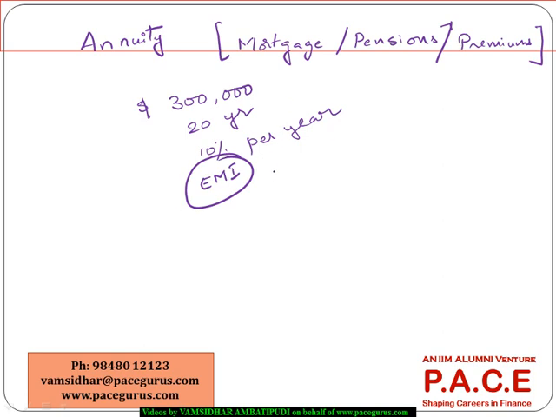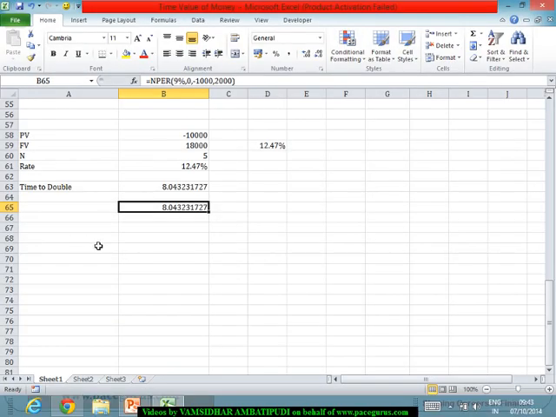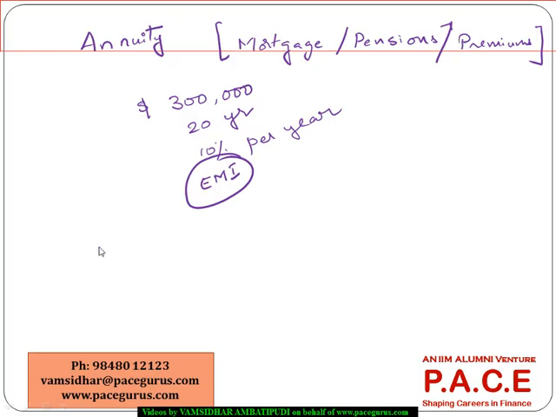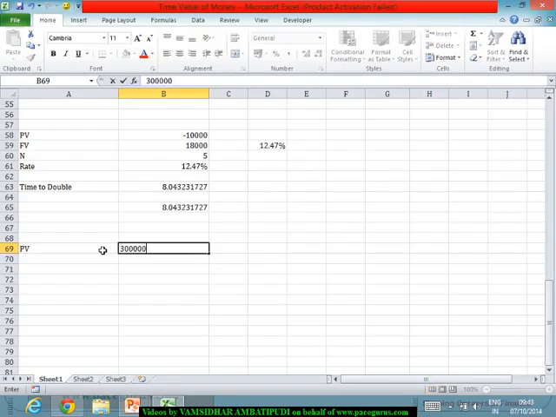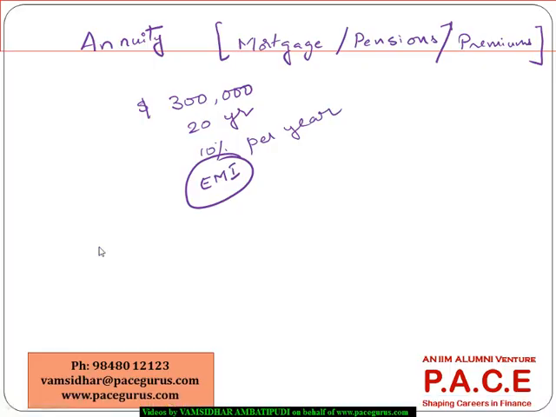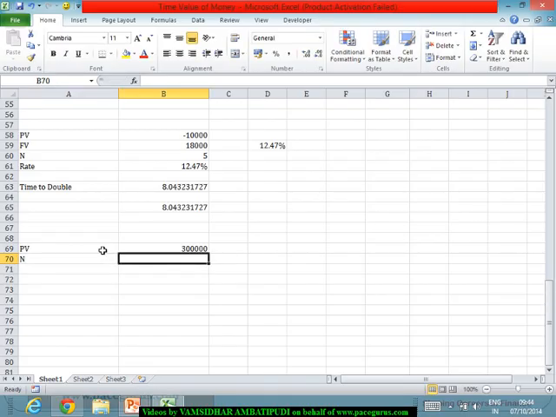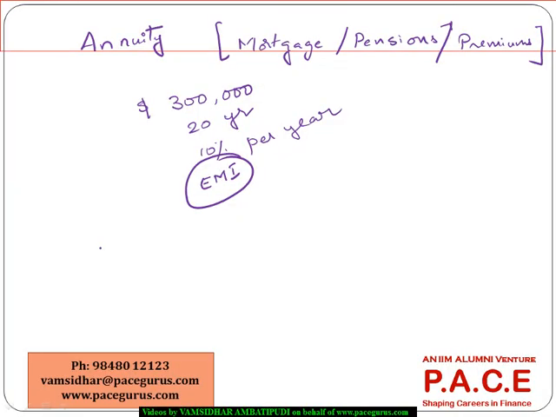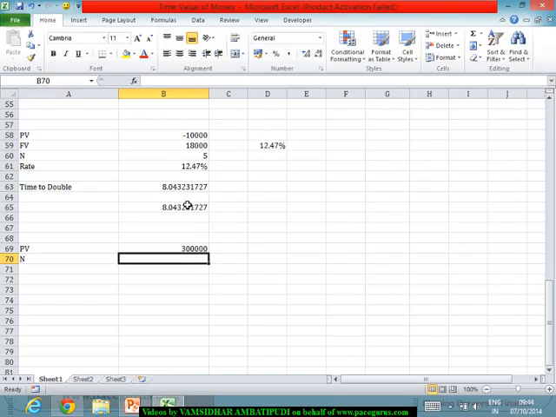This is a very straightforward classic example. Here I am looking at the PV, because I have taken a loan currently. The PV is 300,000. N is 20 years, but because I have to compute the EMI, which is a monthly installment, I'll take N in terms of months: 20 years multiplied by 12 gives me 240 months.